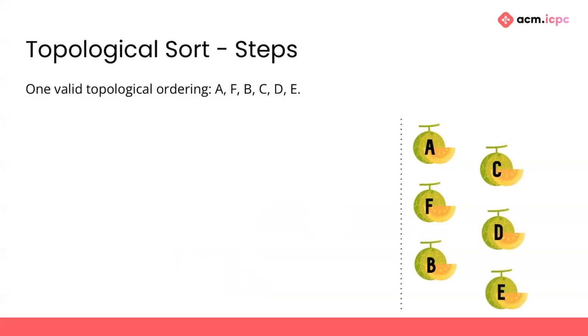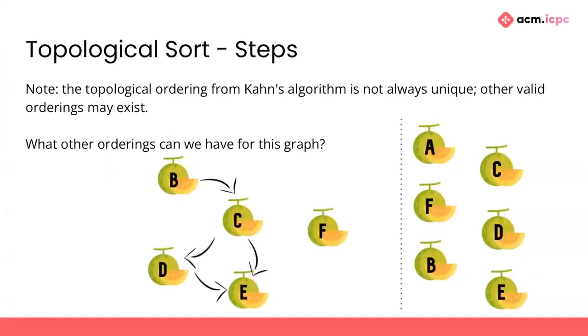So now here's one valid topological ordering: A, F, B, C, D, E. Notice that the topological ordering from Kahn's algorithm is not always unique, because other valid orderings may exist. This is because when we pick a node with integrity 0, if there are multiple of them, we can pick any one. There's no defined way of picking which node comes next if there are multiple with integrity 0.